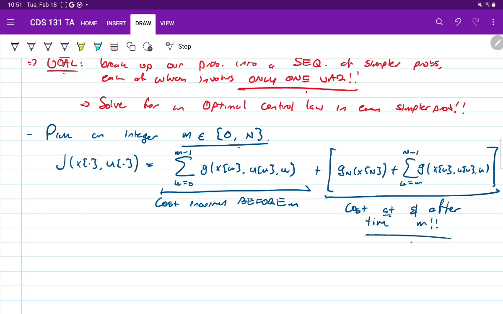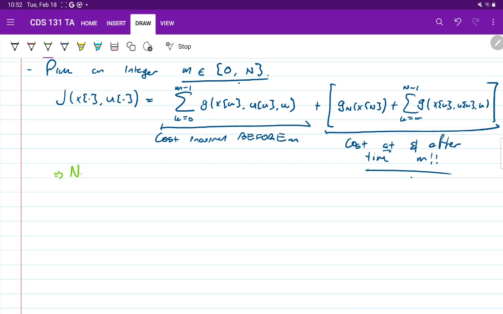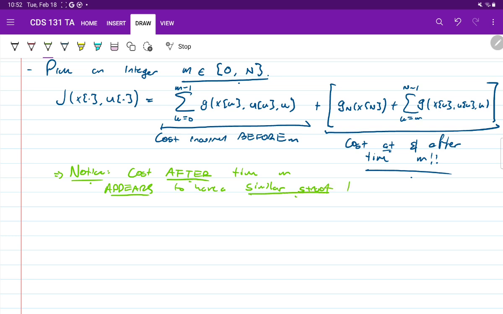Okay? So if we're trying to split up our problem into pieces, what can we do? Well, something interesting that we notice is that the cost after time m appears to have a similar structure to the full cost function.